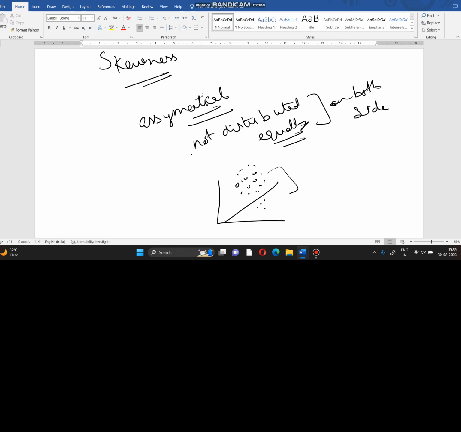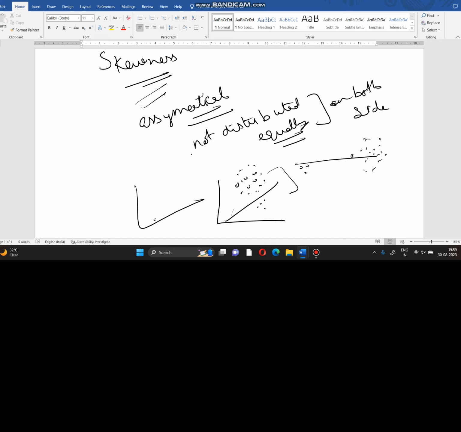On one side it is larger, on the other side it is smaller. This property is known as skewness. The values are concentrated either on the low end or the high end of the scale. Suppose this is a scale measure, the values may be skewing toward this point or toward this point. This is known as skewness.